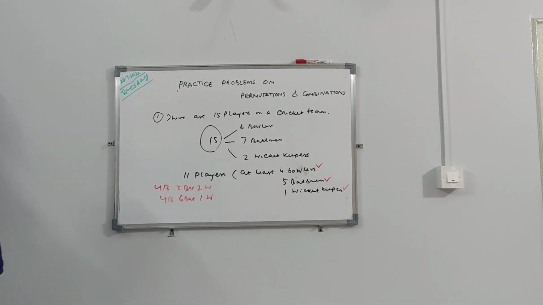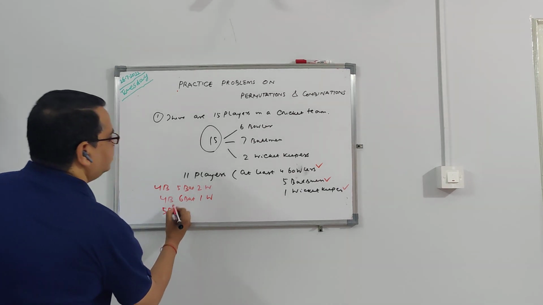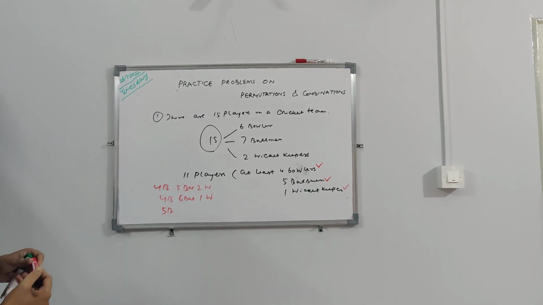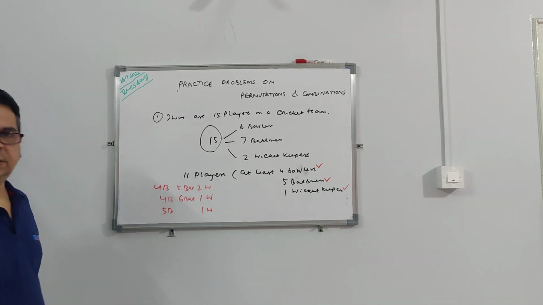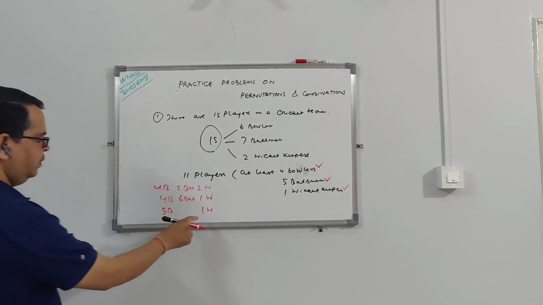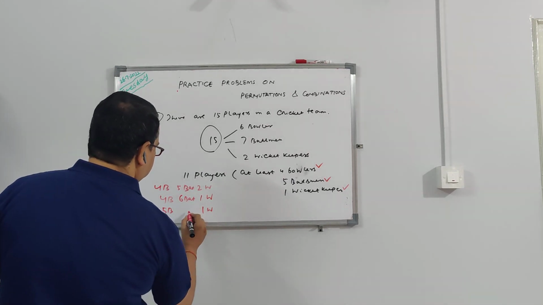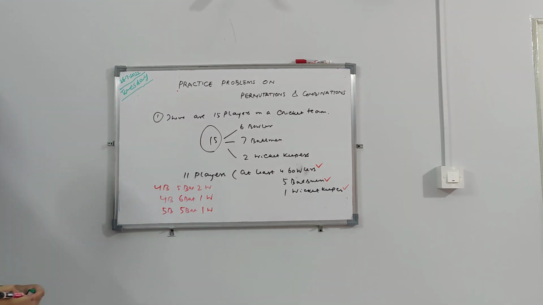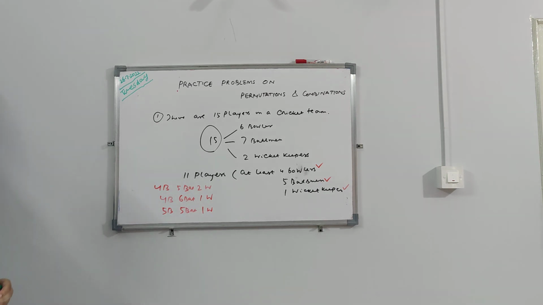Then there will be another way where you will have 5 bowlers also, because you have a maximum of 5. When you have 5 bowlers, you have to have 1 wicket keeper at any cost. Then 5 plus 1 is 6, and you will have 5 batsmen. So 5 bowlers, 5 batsmen, and 1 wicket keeper, that is also one way.